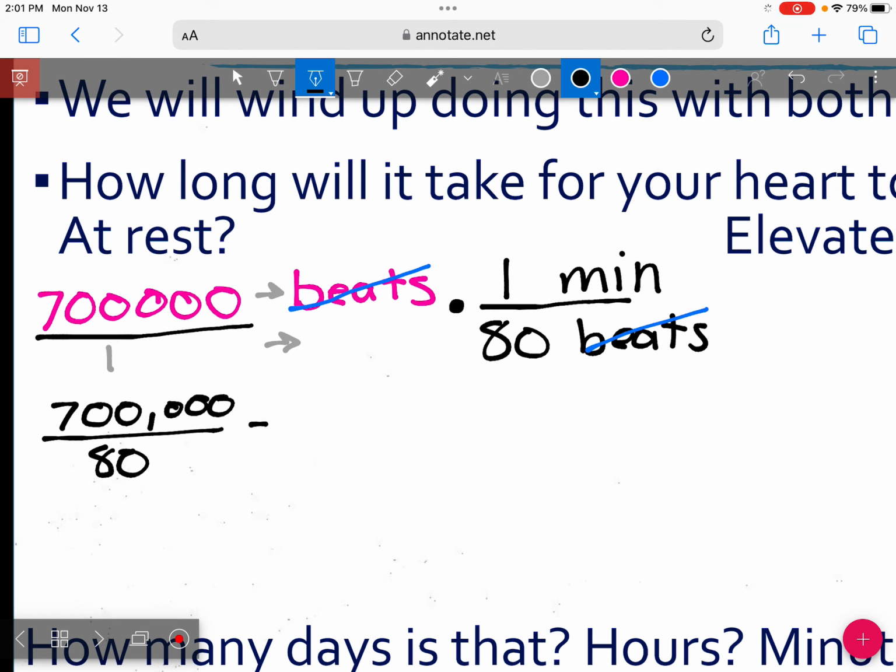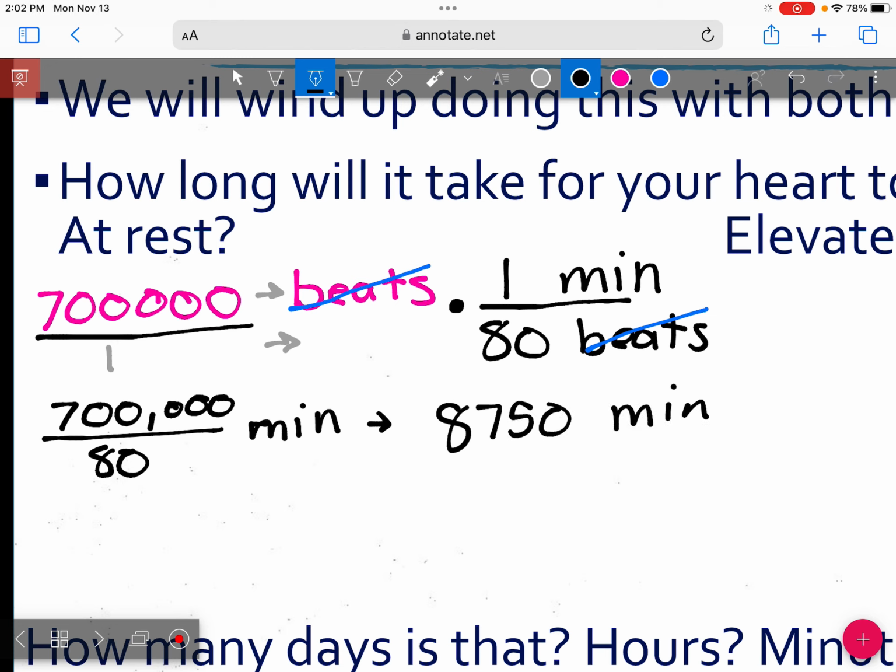And the only unit we have left is minutes, right? Hopefully vaguely familiar. So for me, if I take my 700,000 and divide it by my heart rate, my 80, I get 8,750 minutes.